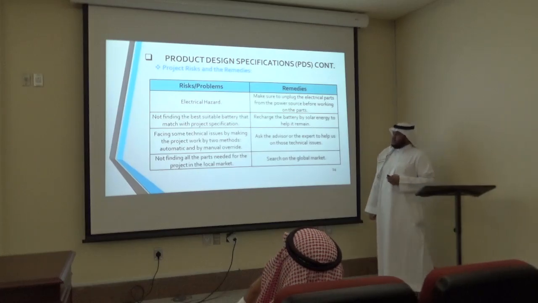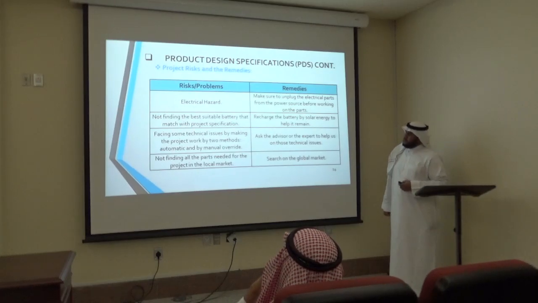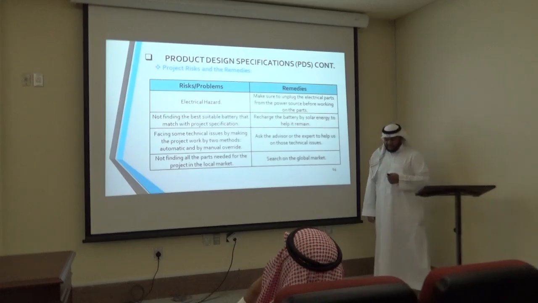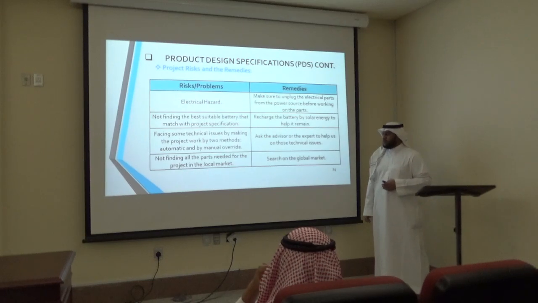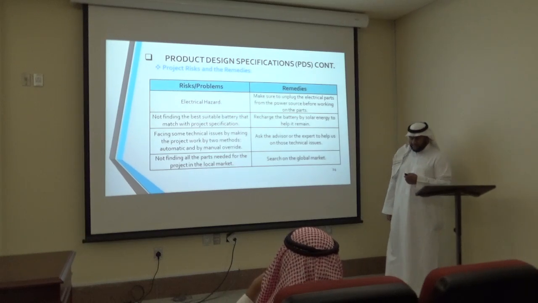Another risk is not finding the most suitable battery that matches the project specification. Another risk is facing some technical issues making the project work by two methods, as we said, automatic and manual override.